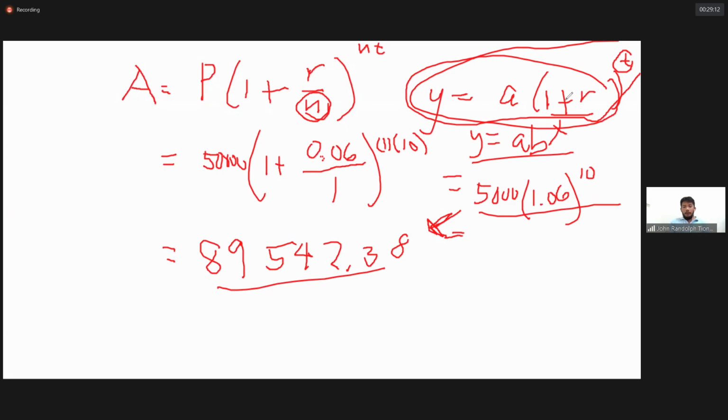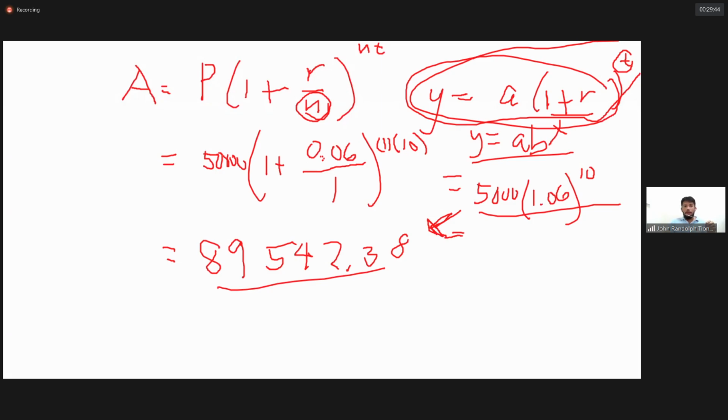So, for example, let's change this problem, with the same values. Instead of per year, let's say the interest is compounded quarterly. It has an annual rate of 6%, but compounded quarterly.